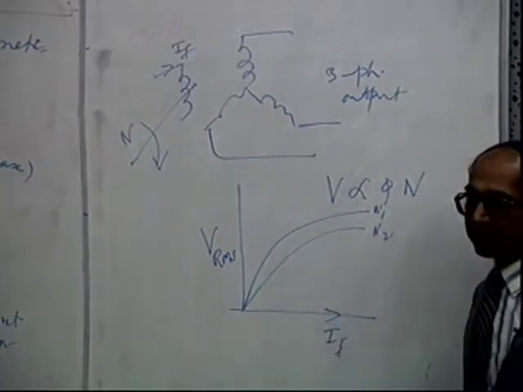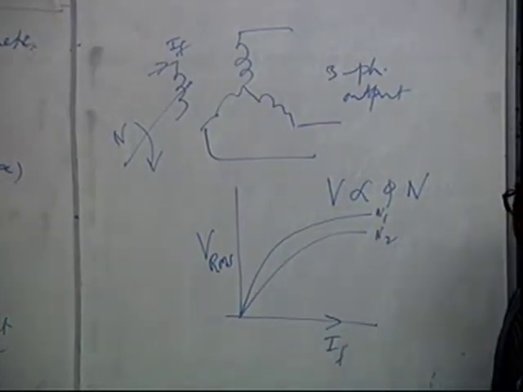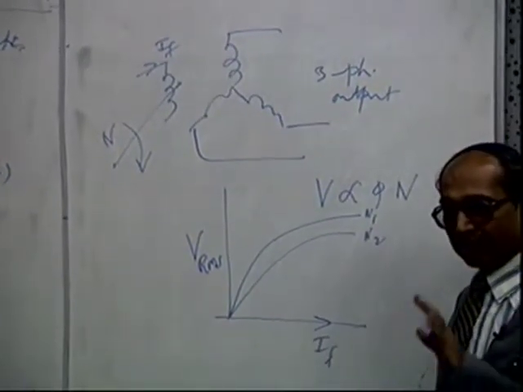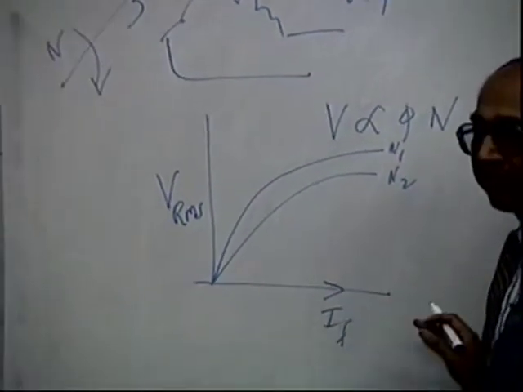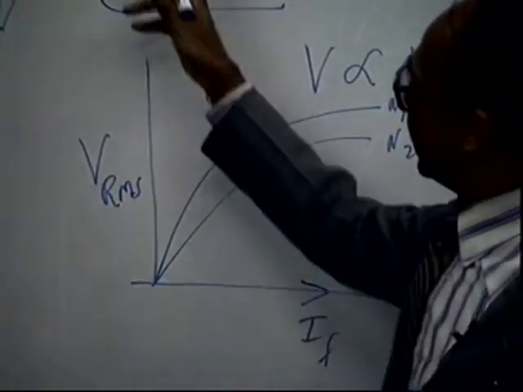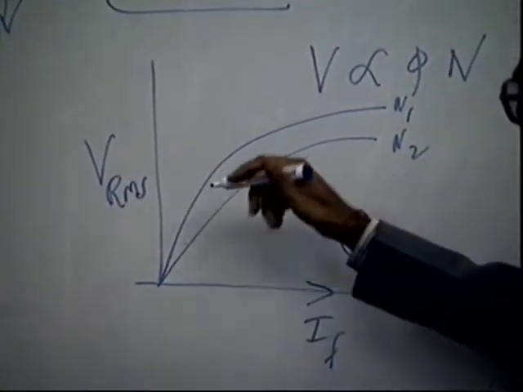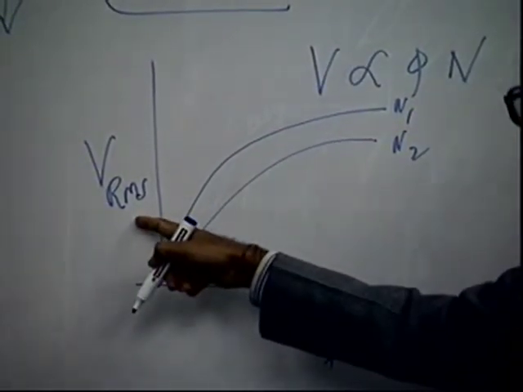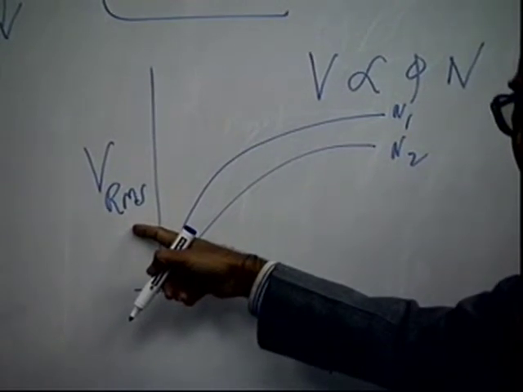For different speeds, you have a voltage generated. In this experiment you will observe the voltage generated at different speeds for different field currents. Again, this is a very simple experiment. Notice here that it is the RMS value of voltage that is generated.